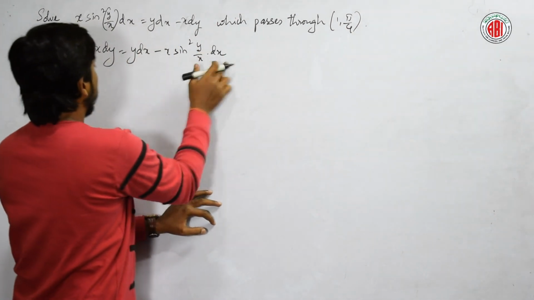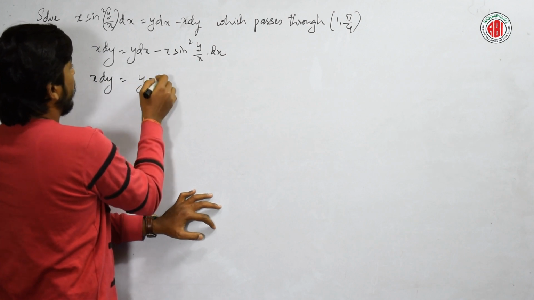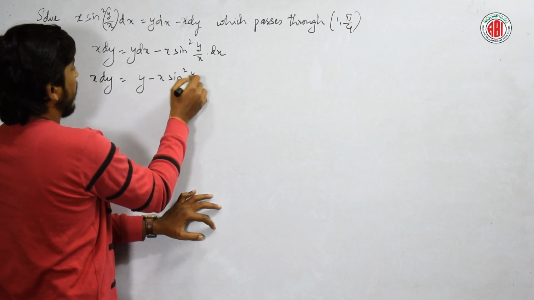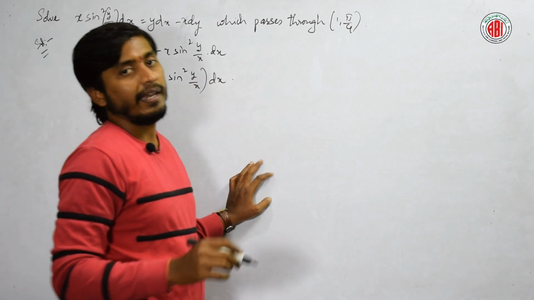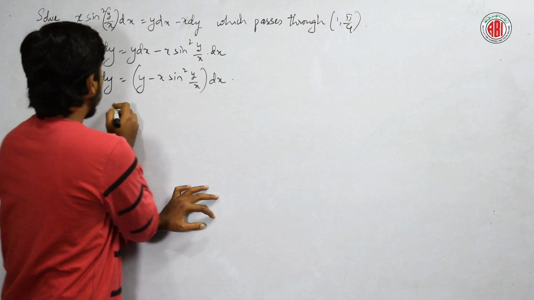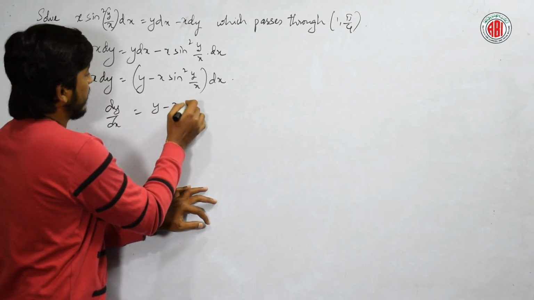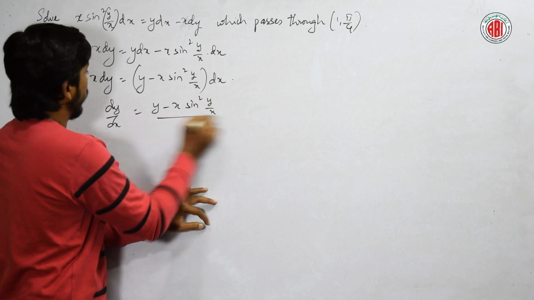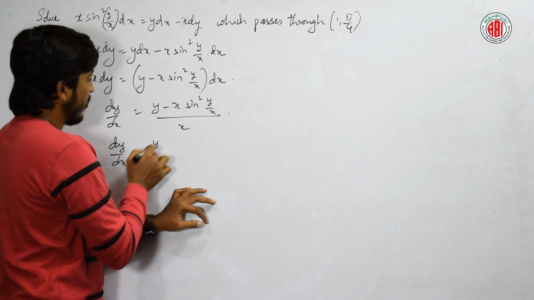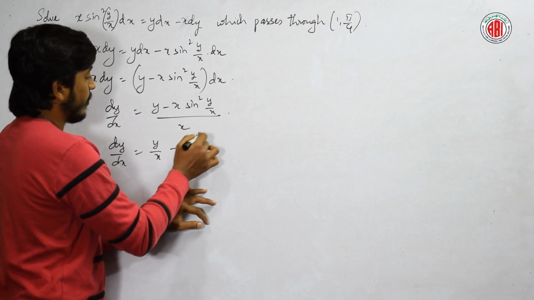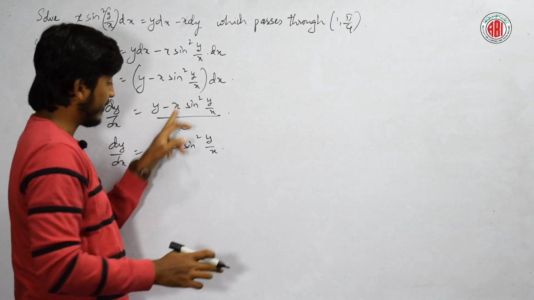Now let us take dx as common. x dy is equal to (y minus x sin square (y by x)) dx. Right? Can I write in the form of dy by dx? dy by dx is equal to (y minus x sin square (y by x)) whole divided by x, that is nothing but dy by dx is equal to y by x minus sin square (y by x). However, this x and this x will get cancelled.